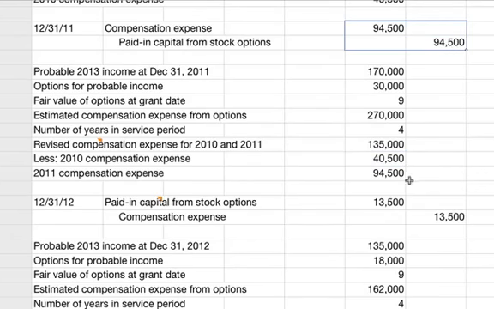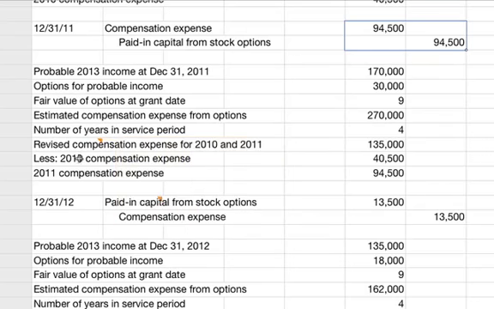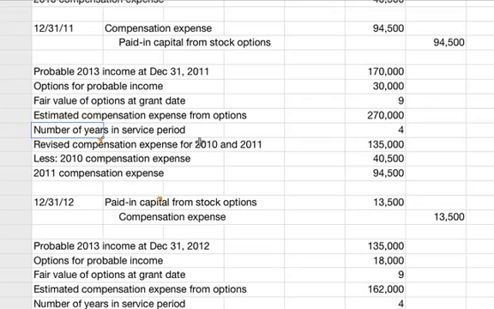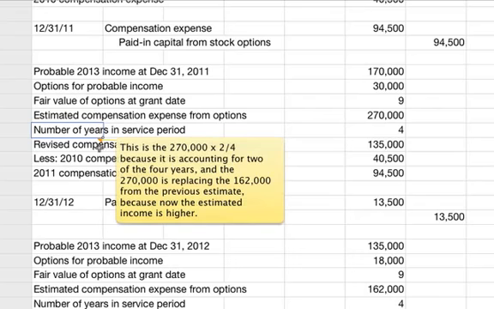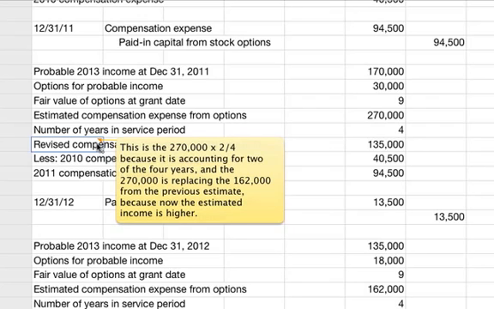and that would leave your 2011 compensation expense at $94,500, which is what our journal entries are. One explanation right here is this revised compensation, the revised compensation expense for 2010 and 2011. This is 270,000 times 2/4 or 1/2, accounting for the 2 years of the 4 years.